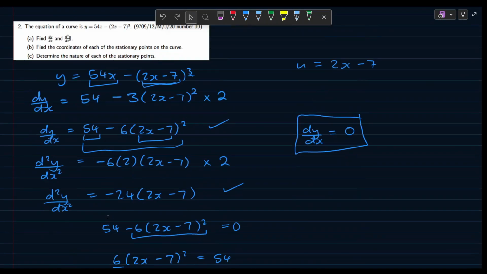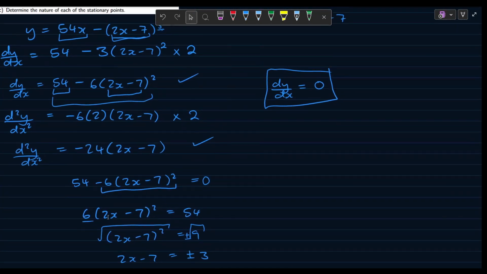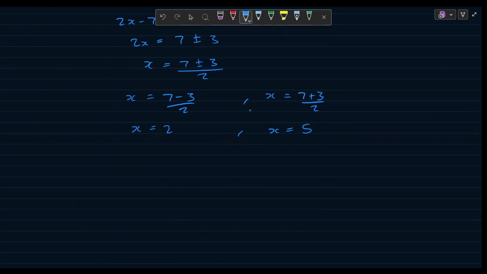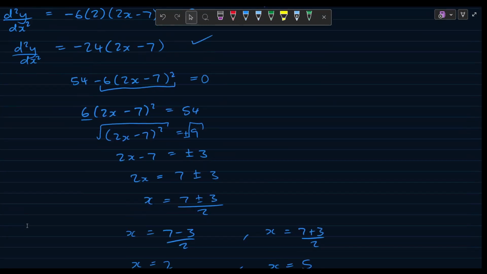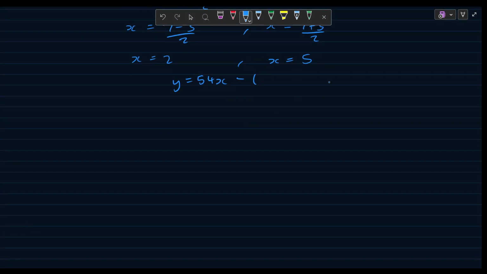They want the coordinates, so we have to find the y coordinates as well. To get the y coordinates, we use the equation of the curve. So that's y is equal to 54x minus (2x minus 7) cubed. Let's start by evaluating the y coordinate at x equals 2.